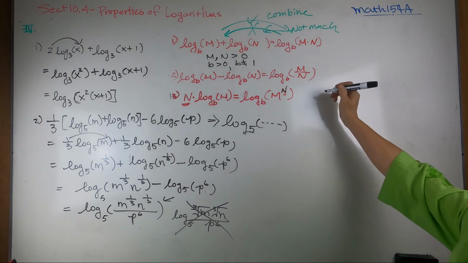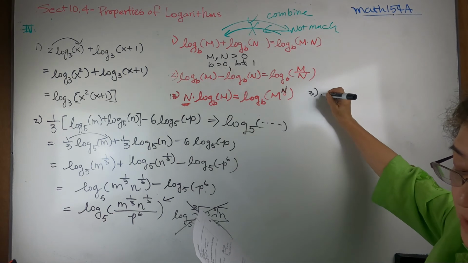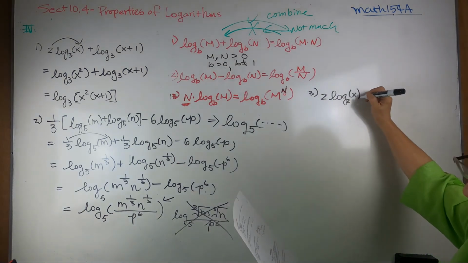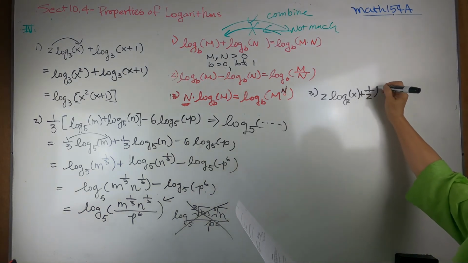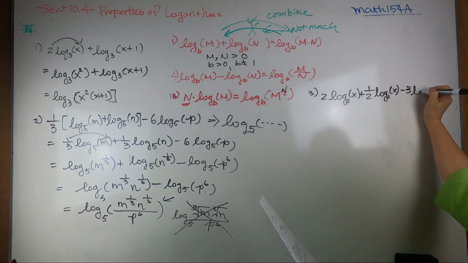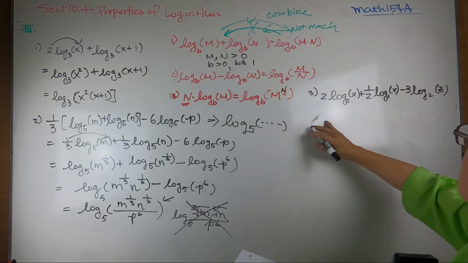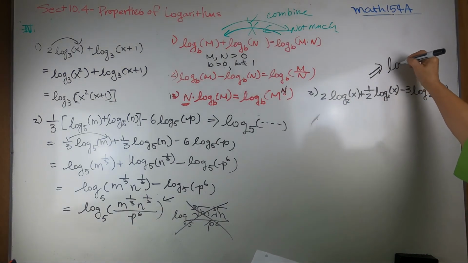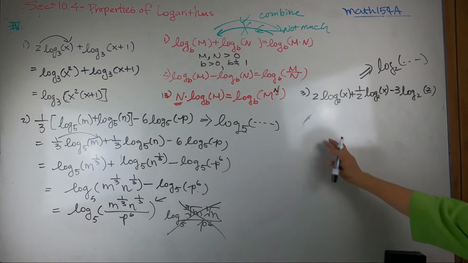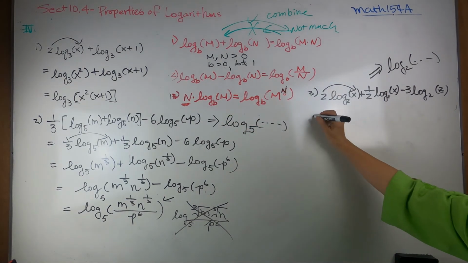So let's see. Next one, number 3. We have 2 log base 2 x plus half log base 2 x minus 3 log base 2 z, right? So we want to write the answer with just log base 2 with something inside. So we move outside to inside, use the power property.